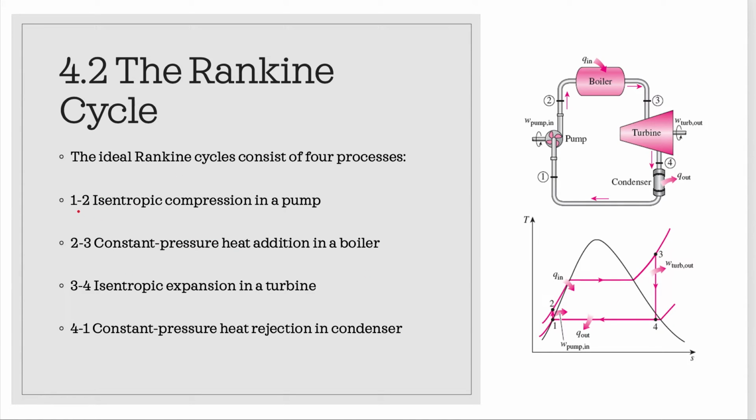Okay, for process 1 to 2, this is isentropic compression in a pump. So if you still remember the definition of isentropic, Q is equal to 0 and it is reversible.